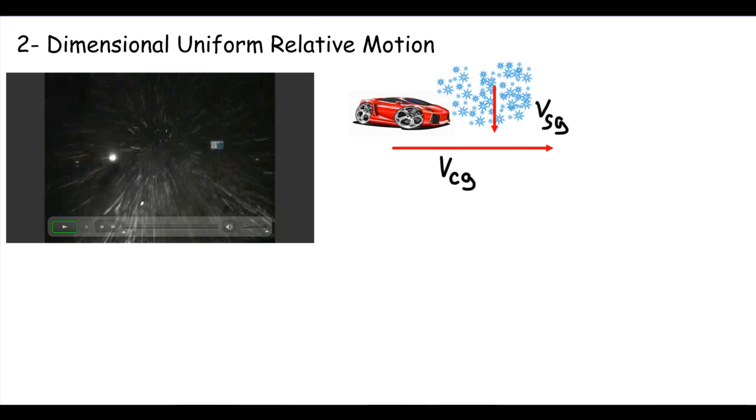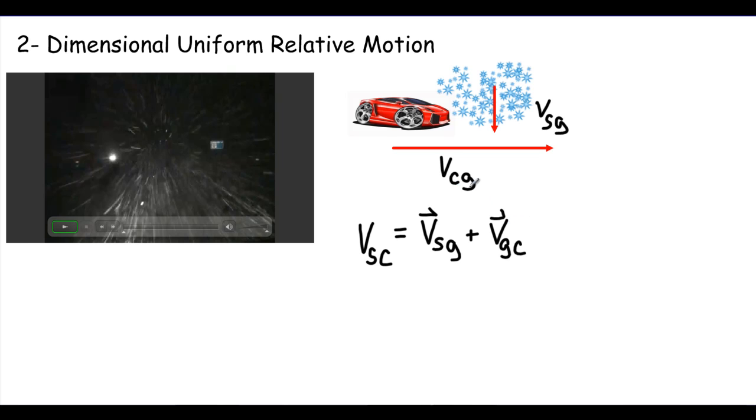So if I look at this, I need to set up my equation first. I need to have the velocity of the snow with respect to the car. So I'm going to start with snow first. So velocity of the snow, and I'm going to do it with respect to the ground. And then I'm going to add to that the velocity of the ground with respect to the car. Now this is where we have to start talking about flipping those subscripts.